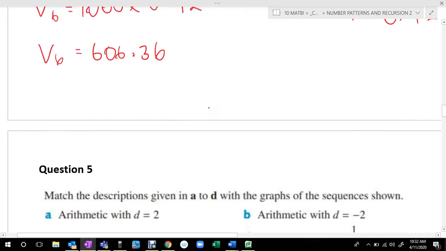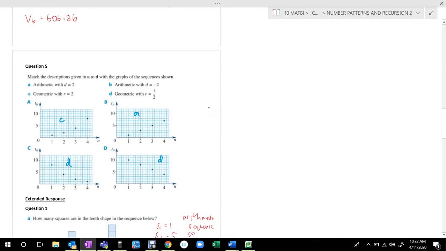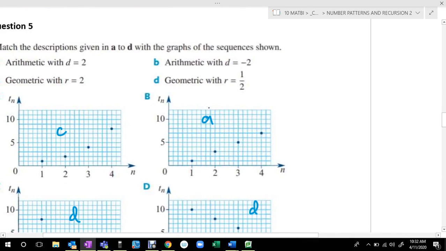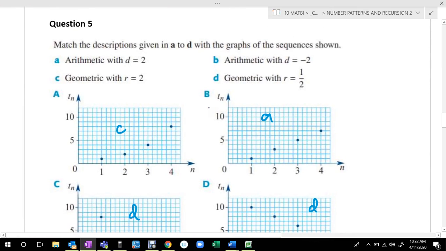All right, next one. Question 5. This one we didn't do a lot of in this term, but I think we kept it in to see if you guys could get it. So for graph A, it matches with C here, where the geometric ratio is 2, because it's multiplying by 2.